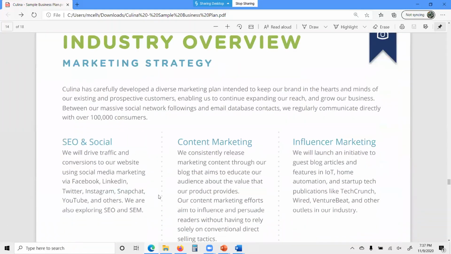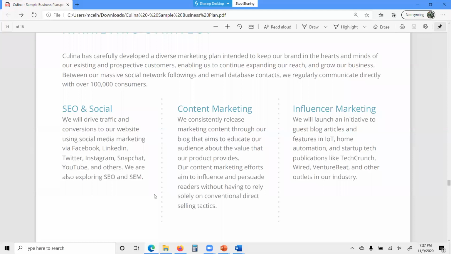So how did they decide to market? They laid out their marketing plan here. A lot of social media was being utilized. We're also launching an initiative to write articles to tech journals about the product.